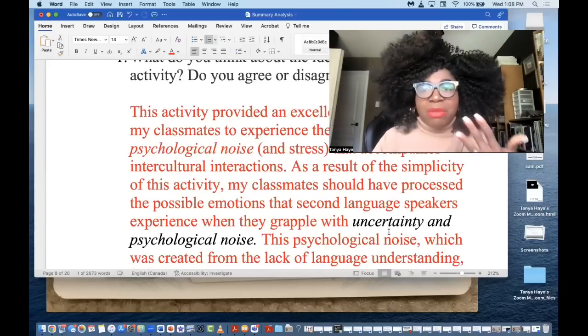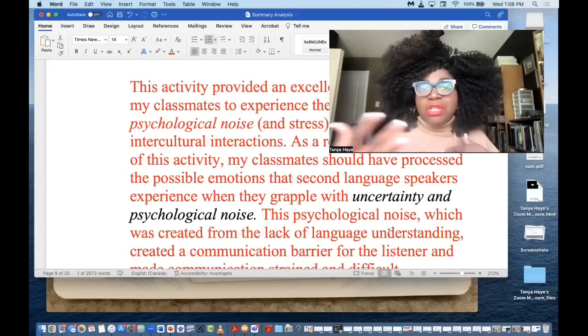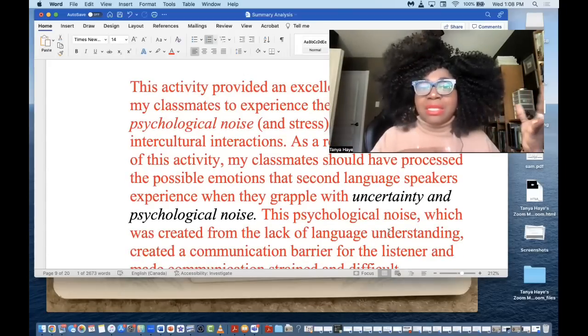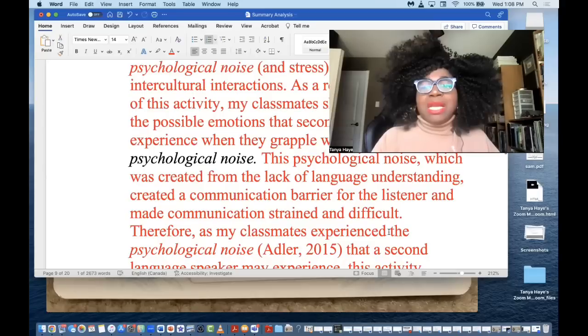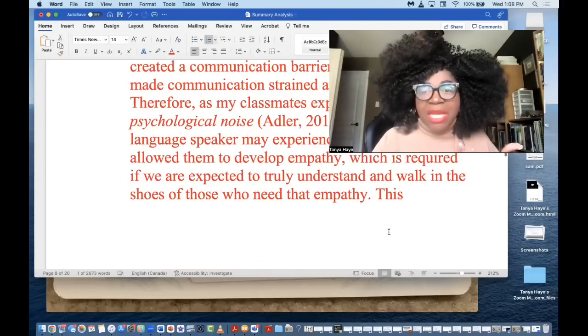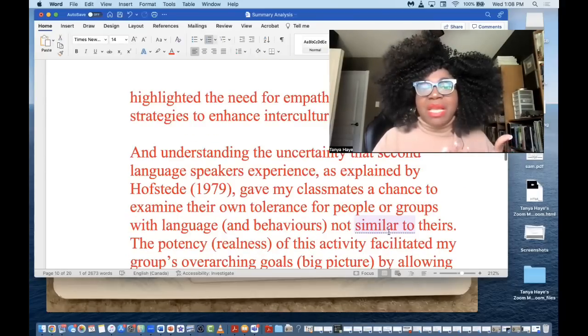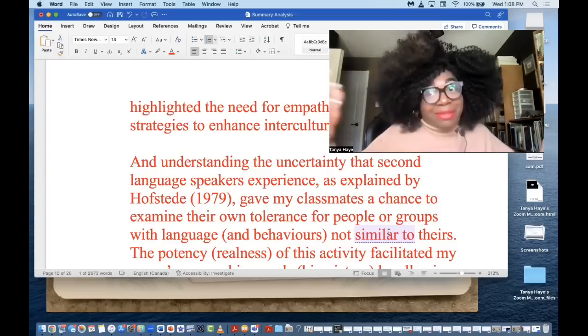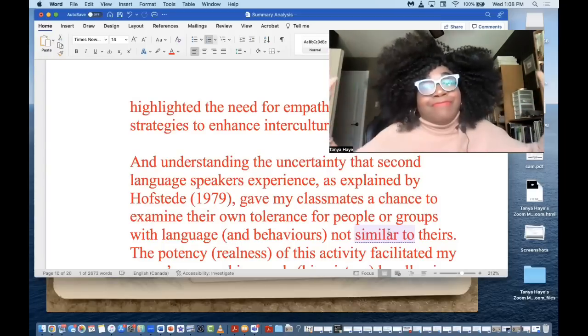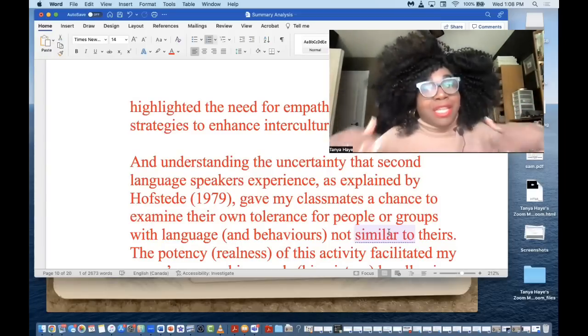And then I talk a little bit more about it, and I talk about uncertainty and psychological noise, and then I explain a little bit more, and then I talk about Hofstede, because when it comes to uncertainty, that's his baby.